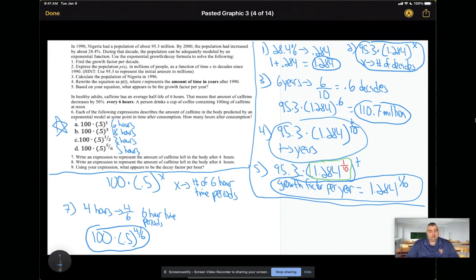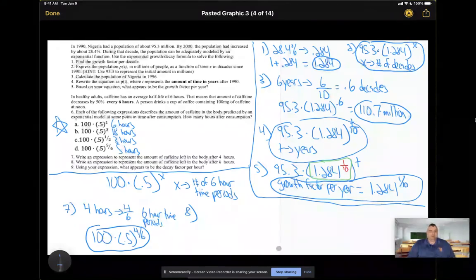Okay. Number 8. Write an expression to represent the amount of caffeine left in the body after h hours. So the key is to figure out what I plug in for x. I have to take the number of hours and divide it by 6. So up here, when it was 6 hours, 6 divided by 6 is 1.